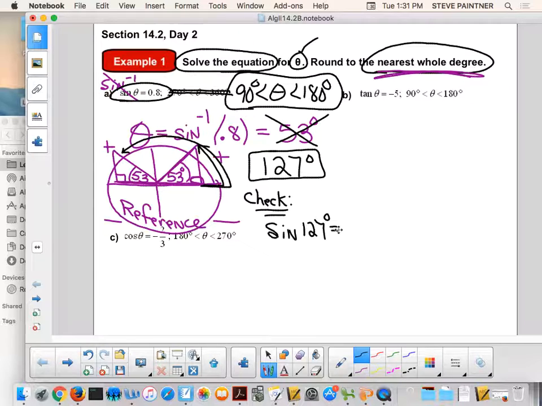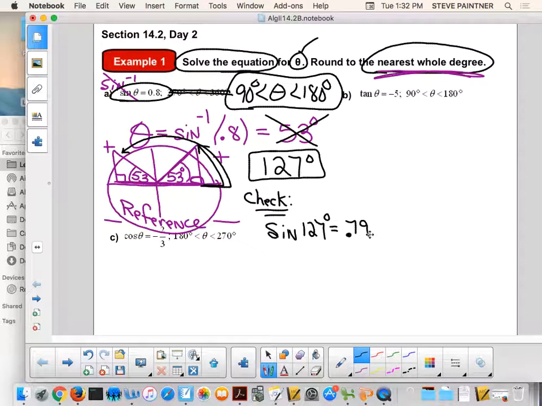So what did it come out as? 0.79, which is really close to 0.8, isn't it? So we did okay. 127. Now you could do 53, but I know 53 is going to work because the calculator told you 53. Any questions? No. Okay. Guys, this is all we're doing. Same thing over and over, and you'll get better, I promise.